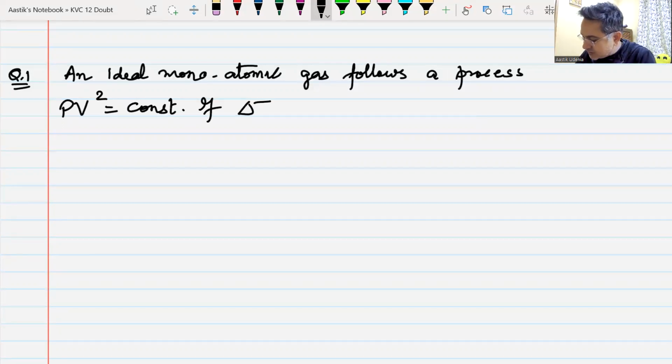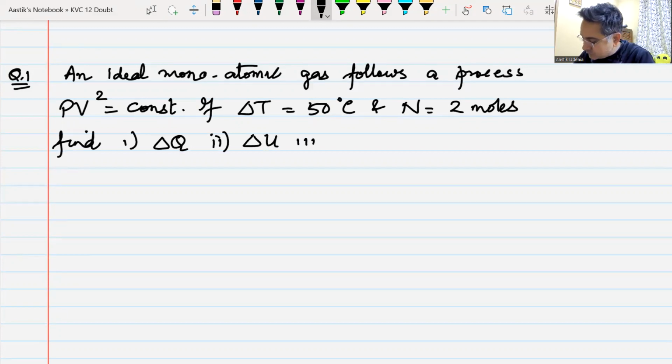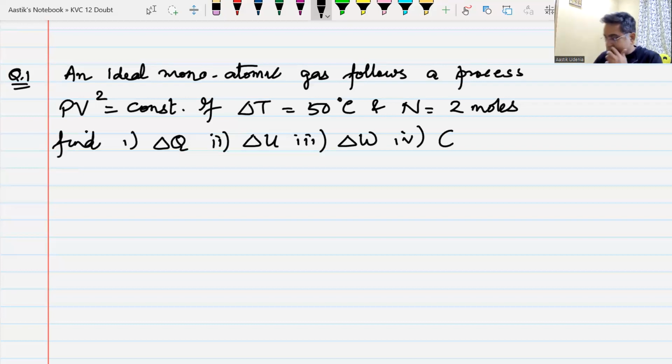The change in temperature is 50 degrees Celsius and the number of moles of the gas is 2 moles. Find number 1, delta Q, number 2, delta U, number 3, delta W, and number 4, the molar heat capacity of the gas in this process. I will give you 2 minutes.